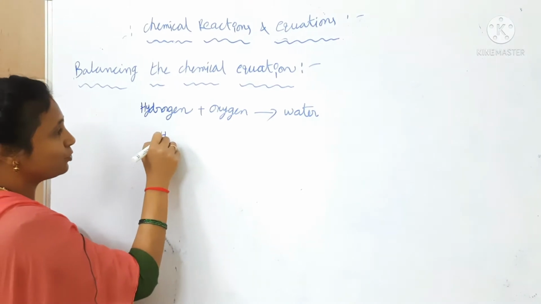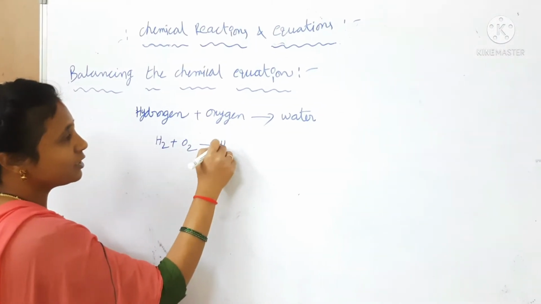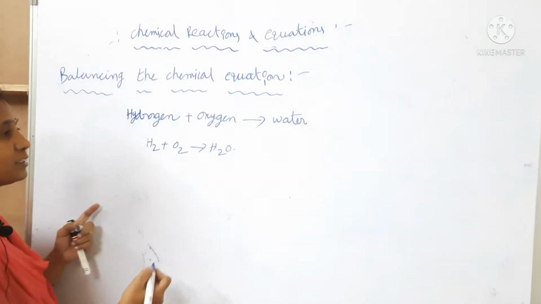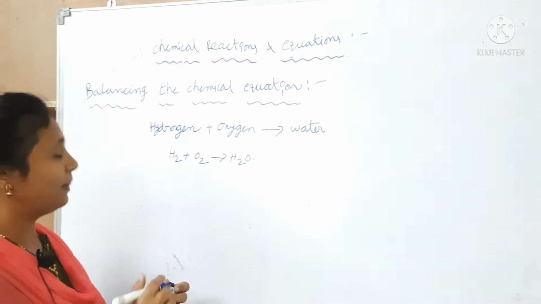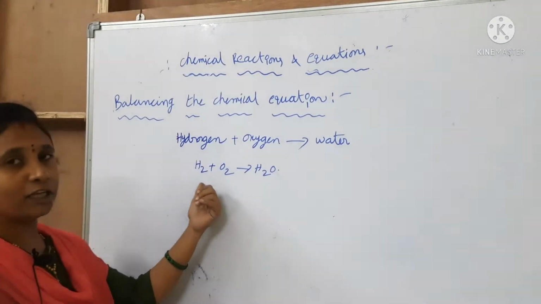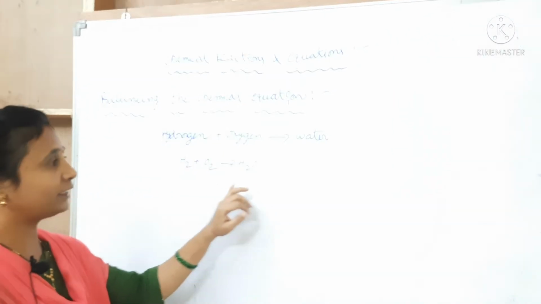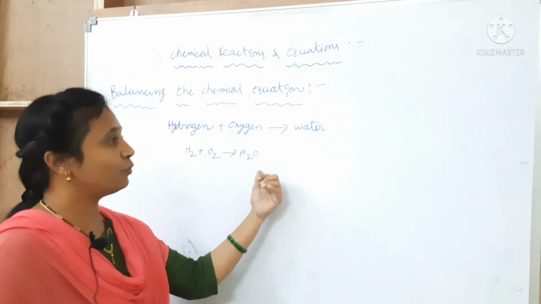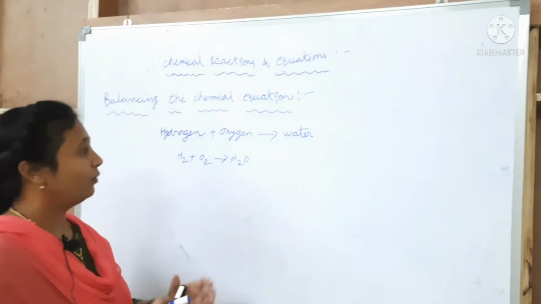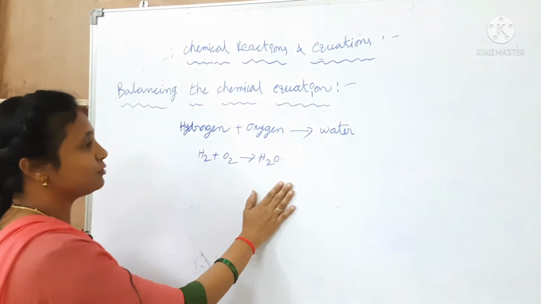Hydrogen means H2 plus oxygen means O2 gives water means H2O. This is the shortest form of the chemical equation. What are the reactants here? Hydrogen and oxygen are both reactants, and water, H2O, is the product. Okay. Is this a balanced equation or not? First of all, you have to check.